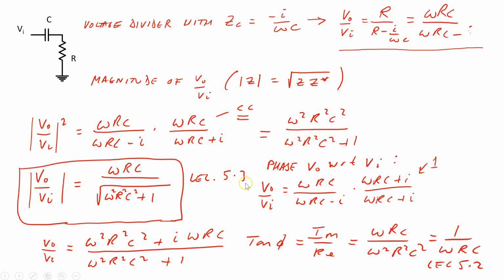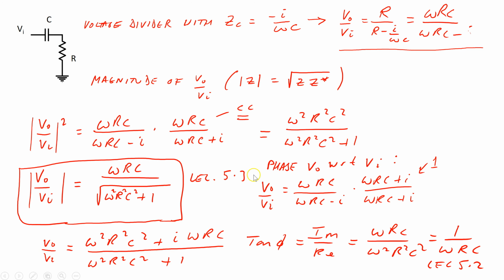What about the phase of V out with respect to V in? Remember in lesson 5.2 we looked at the phase of the output voltage with respect to the input voltage, and depending on where we were in terms of capacitor and resistive values and frequencies, we saw in one extreme where we were dominated by C that we had a 90-degree phase shift between the output and input voltage, and then in the limit where we were dominated by R, very high frequency limit, large capacitor value, we had V out and V in almost perfectly in phase.